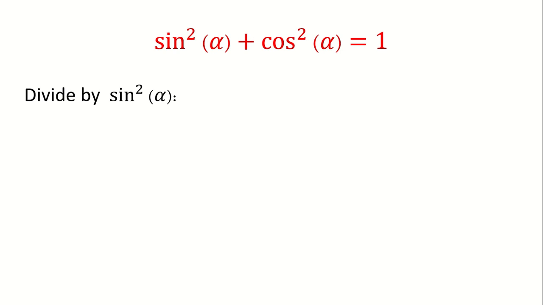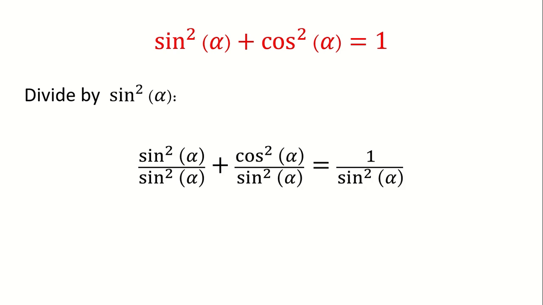By dividing both sides of the equation by sine of alpha to the power of 2, we lead to this formula: sine squared alpha divided by sine squared alpha plus cosine squared alpha divided by sine squared alpha is equal to 1 over sine squared alpha.